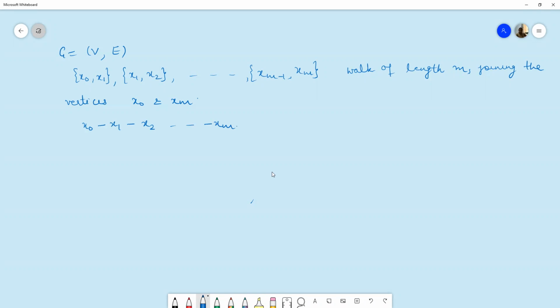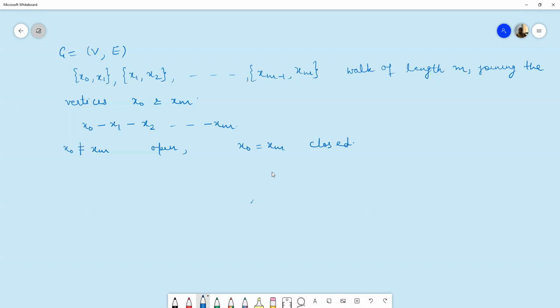Now this walk is closed or open if x0 is equal to xm or x0 is not equal to xm. So if its starting point is not equal to its end point, the walk will be called open, and if they are equal, the walk will be called closed.